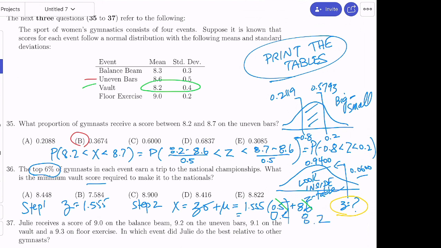I used the wrong elements. So correcting that, you get this answer. Okay?